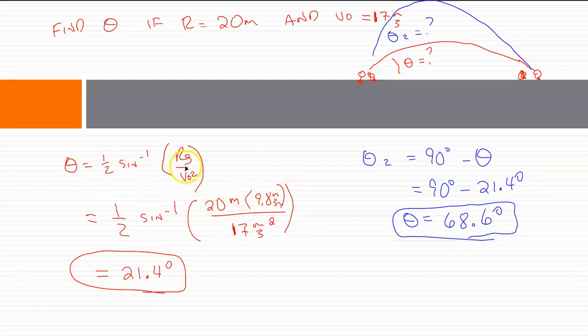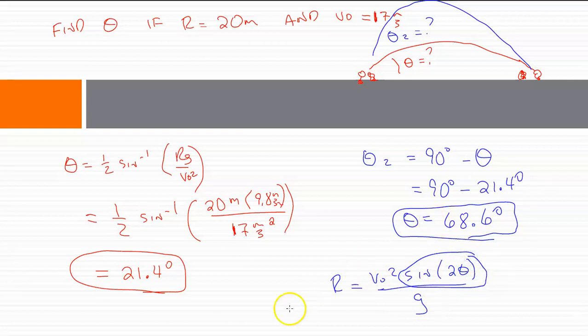And maybe it would be better to come at it this way. If I go back to the original range formula, and write that, the V0 is a constant, right? That's the speed of the bullet or the snowball or whatever, and we're saying that's fixed and I can't do anything about that. G, that's gravity of Earth. I certainly can't do anything about that. So the part that I'm interested in is this sine 2 theta.